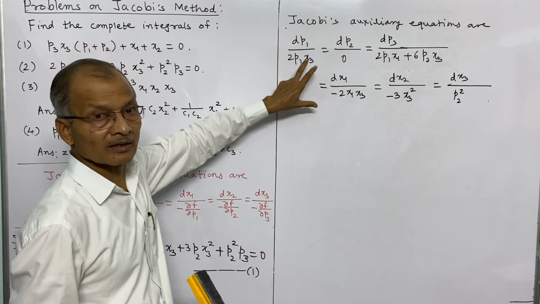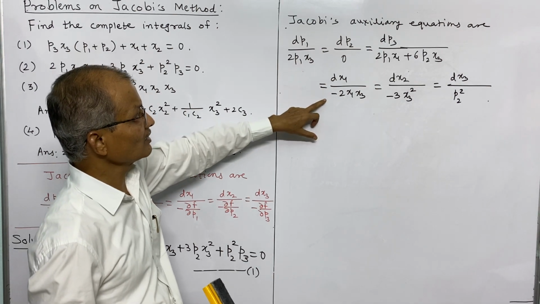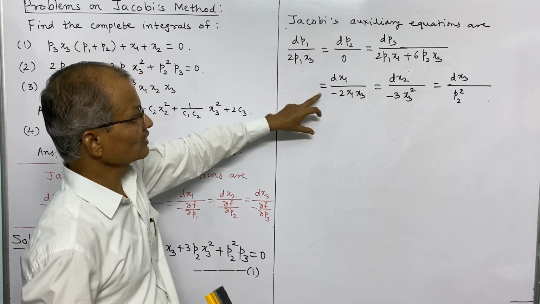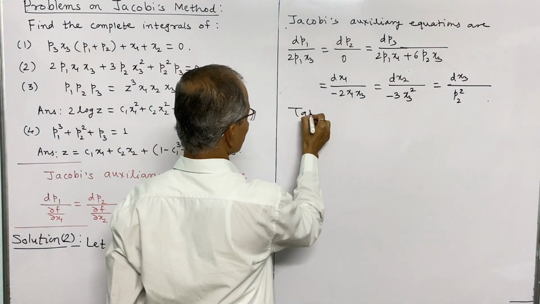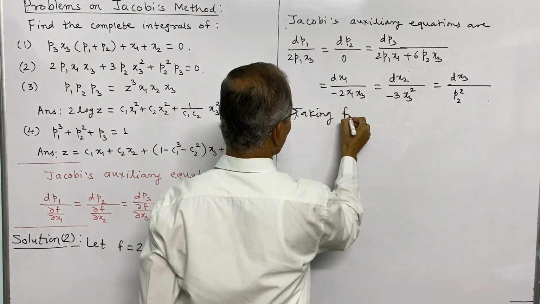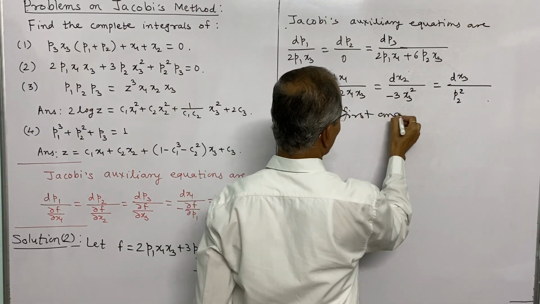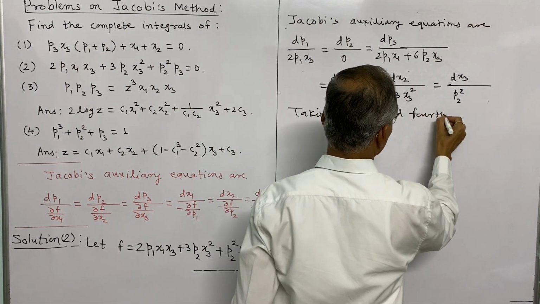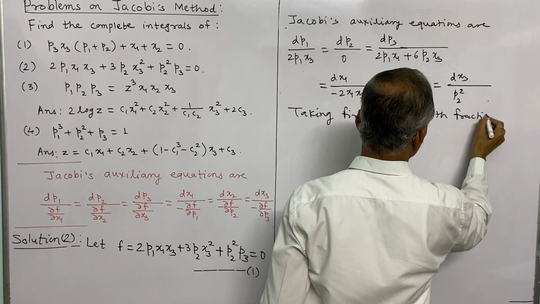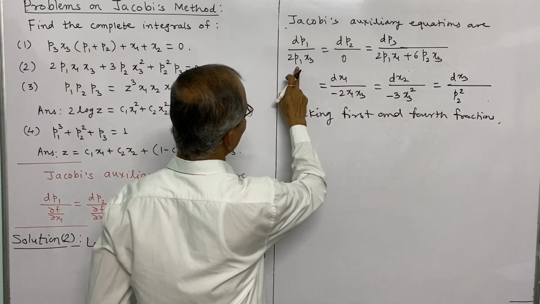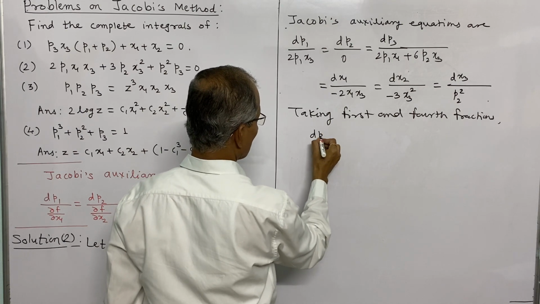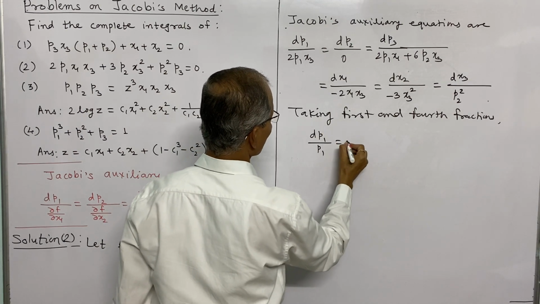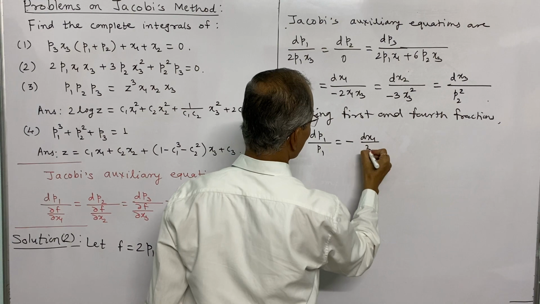So we take the first and fourth fraction. So this 2 times x3 cancels, and this is dp1 divided by p1 is equal to negative dx1 divided by x1.